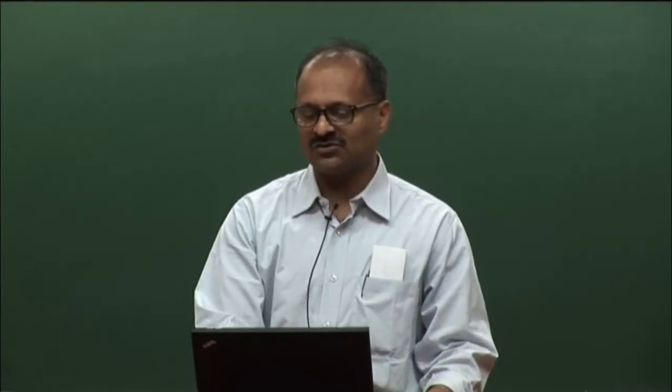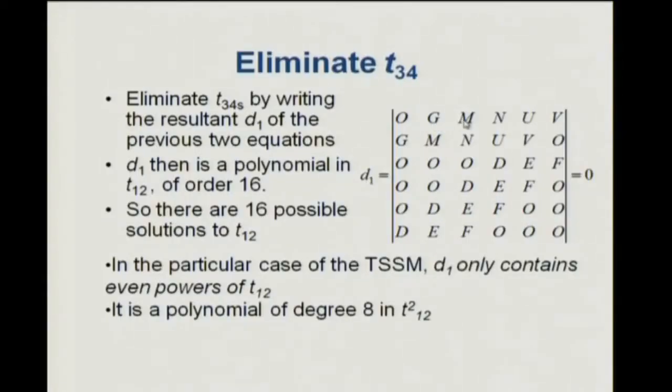These are fourth order, so worst case you multiply G and M and then this and then this and then this, so you will end up with a polynomial in T12 of the order 16, okay, the roots of which will give you T12. So if you know T12, you can go back and solve for 3, 4, 1, 5, anything that you want to do. So there are 16 possible solutions to T12 because it's a 16th order polynomial.